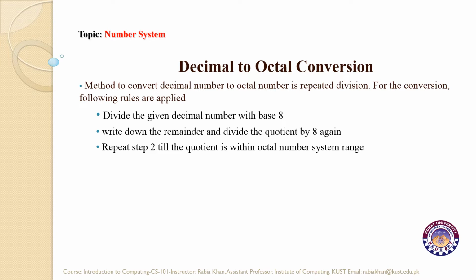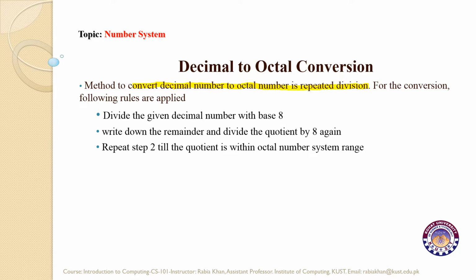The method or rule to perform this type of conversion is written in front of you. For a decimal number to be converted to octal number, it requires repeated division method. Here, the division process will be done with base 8.